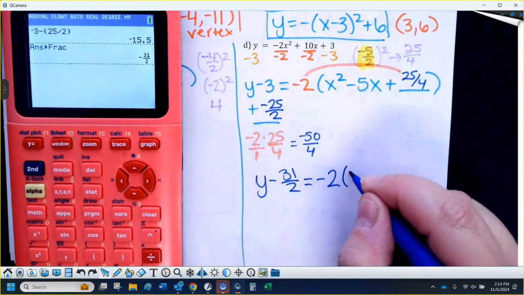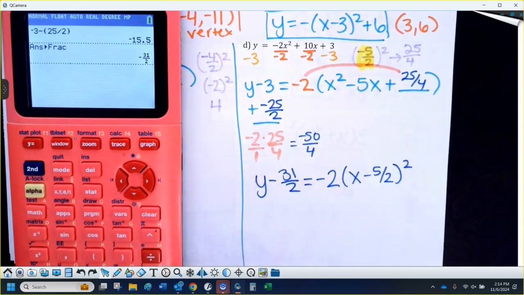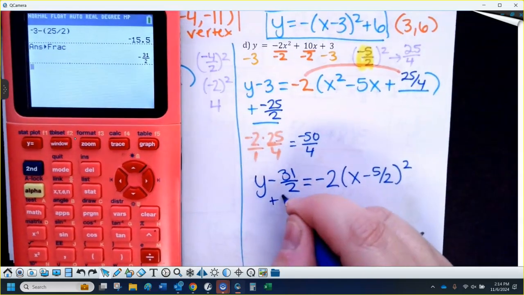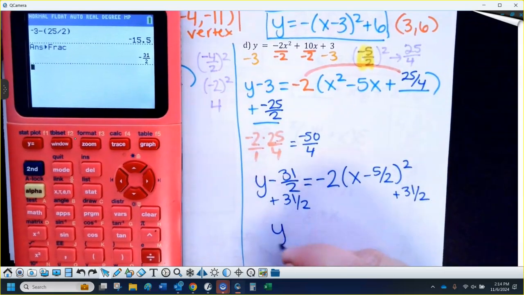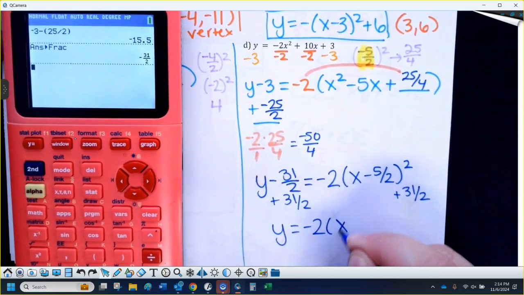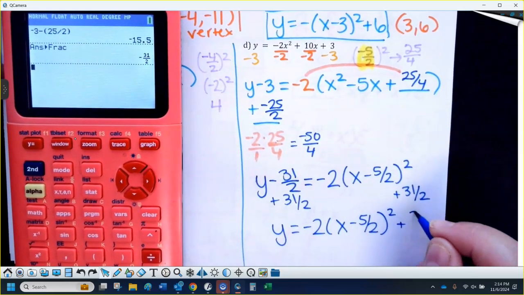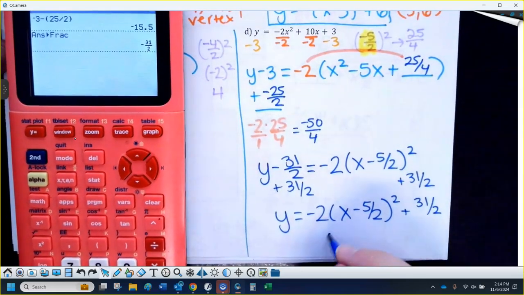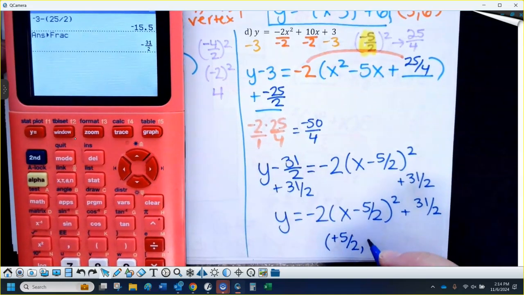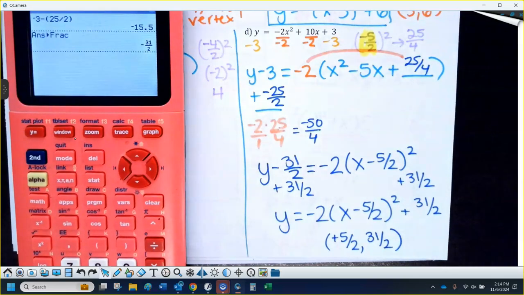So the factored form, this should be x minus 5/2 squared. And I just need to move that 31/2 to the other side to get that y by itself, and then you're in vertex form. Whatever you square always goes in the factor with the x if you did that correctly. And this vertex is just kind of a garbagey number because it's fractions, but it would be, opposite copy, 5/2, and then 31/2 would be the vertex if they ask you for the vertex.